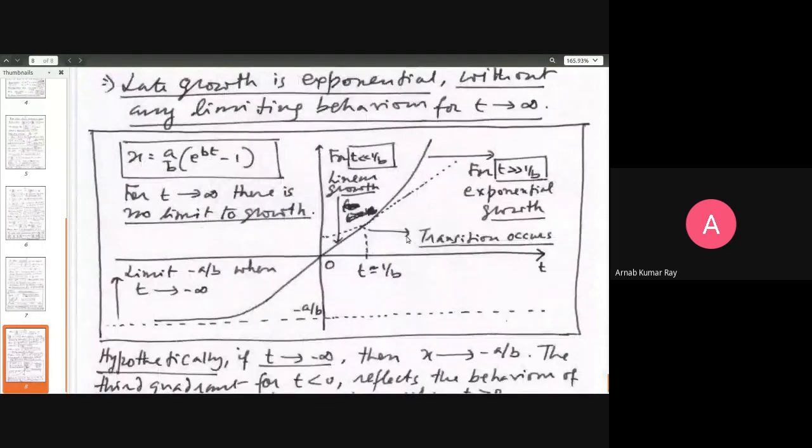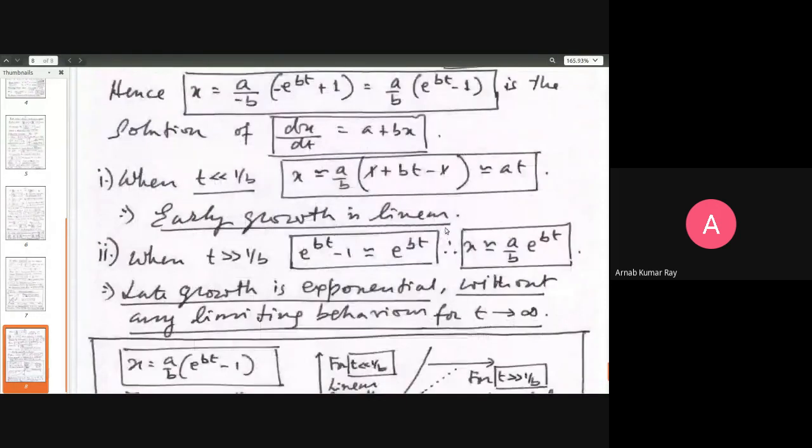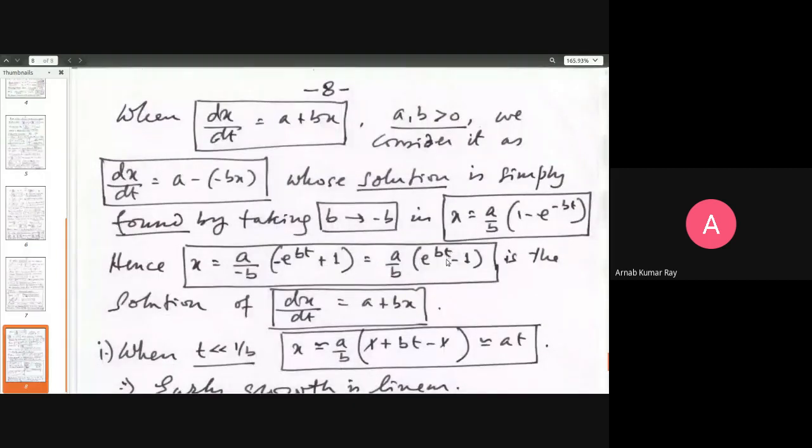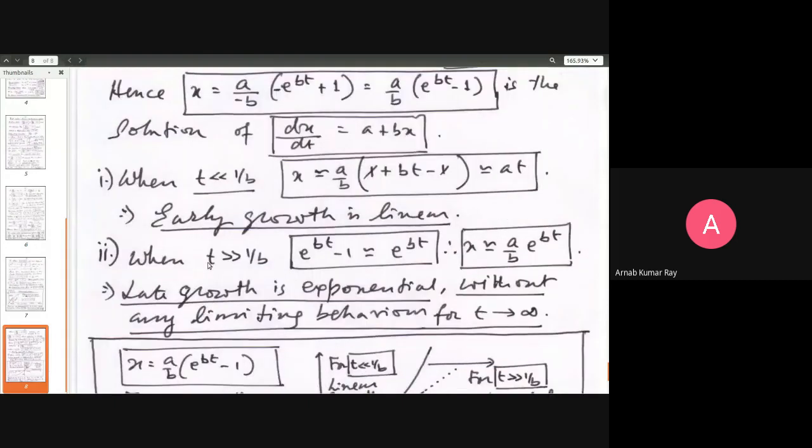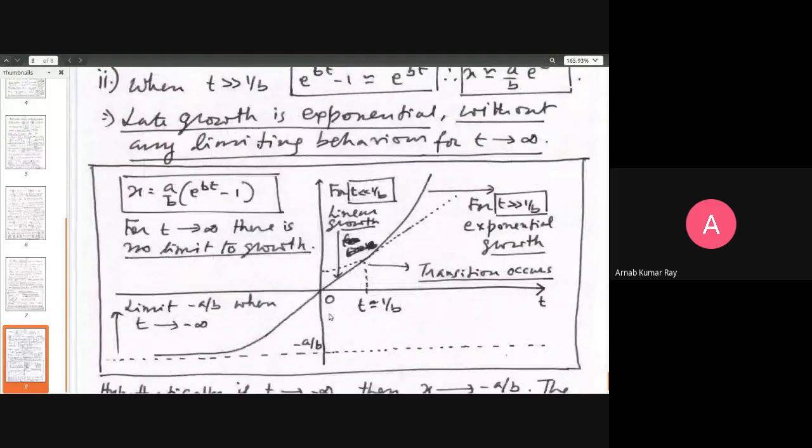And so if you were to plot, what about the early growth? When t is equal to 0, e raised to 0 will be 1, 1 minus 1 will be equal to 0. So the function will start here at t equal to 0, x equal to 0.